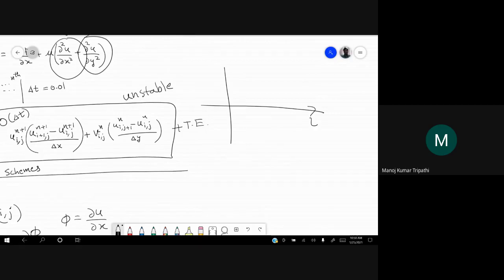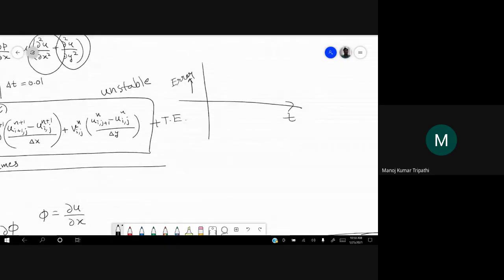When you are solving with time, the errors can grow. Let's say the error was 0 initially, it became order delta t, then it grew up like that, and it reached a magnitude which is of the order of your velocity. So that becomes significant.